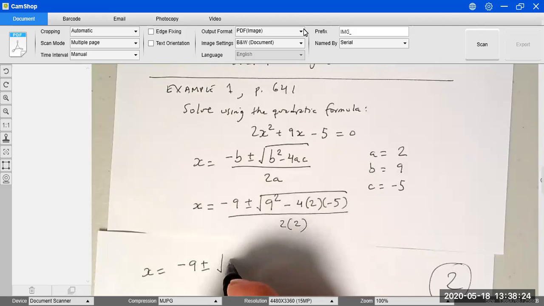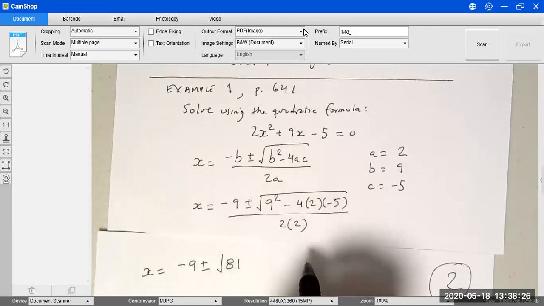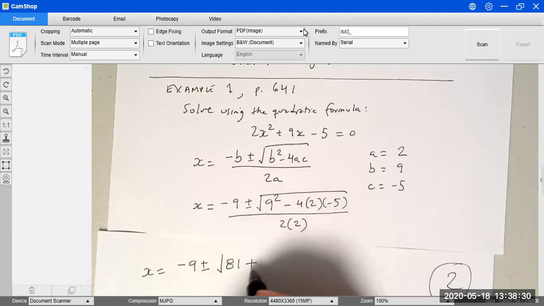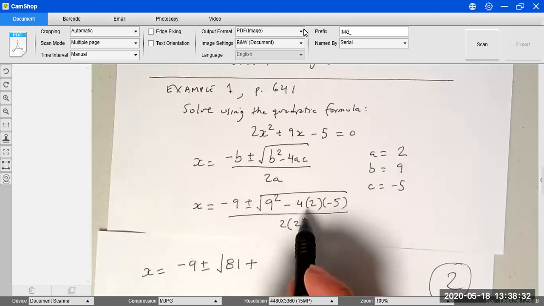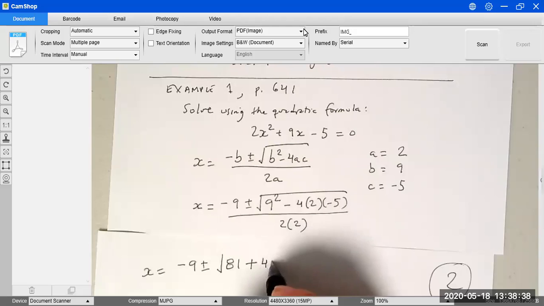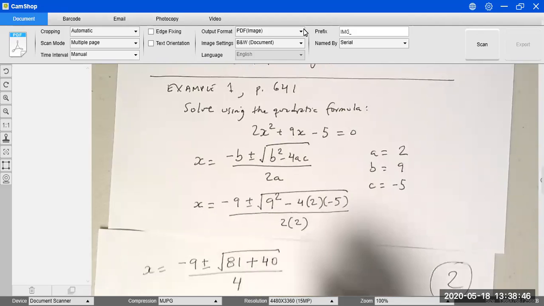So it's going to be 81. Then negative times negative is going to be positive. And then you have 4 times 2 is 8 times 5 is going to be 40. So this is going to be 81 plus 40 over 2 times 2, which is 4.